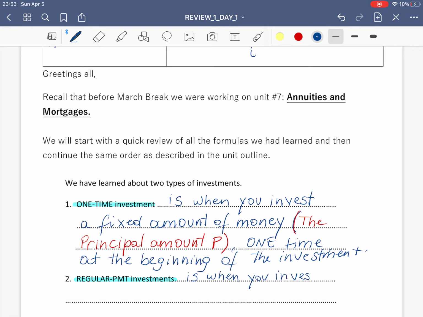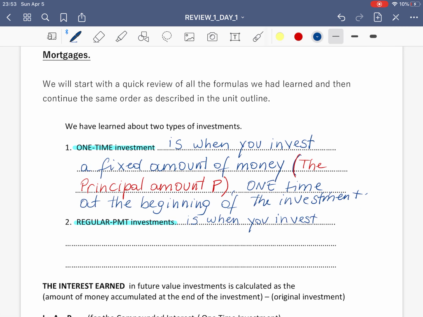you invest the same fixed amount of money.